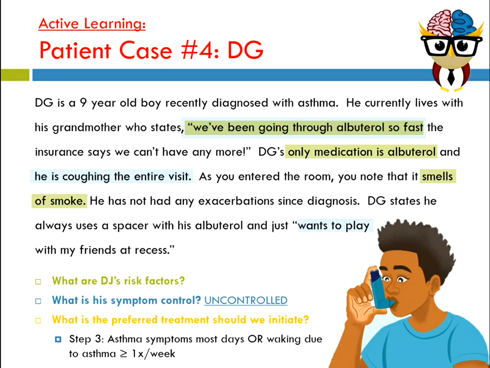It doesn't say he's waking up at night, but he is having those symptoms most days of the week, which we can imply because you're using your inhaler so fast that the insurance won't pay for it, which means you're using it most days of the week. Okay? So based on that, we pick step 3, which is low dose ICS schedule. Okay? Or ICS plus formoterol.